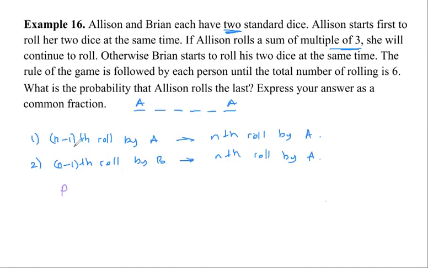Like in this first one, Allison is gonna have a number on the n-1th roll that is a multiple of 3. But the question is, what is the probability of getting a multiple of 3, right? So we should try that as well. If you choose 3, you could have 2 plus 1 or 1 plus 2 because there are 2 different dice.